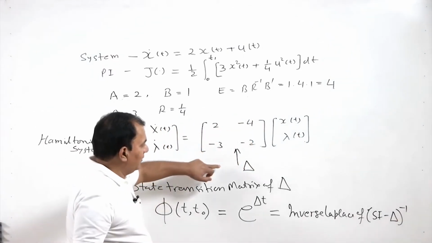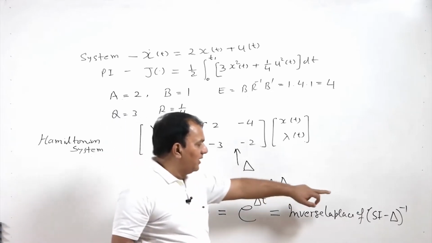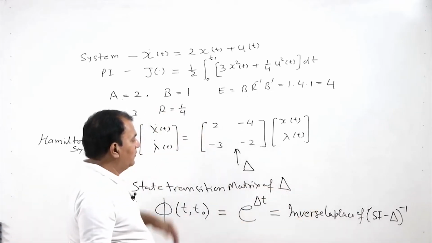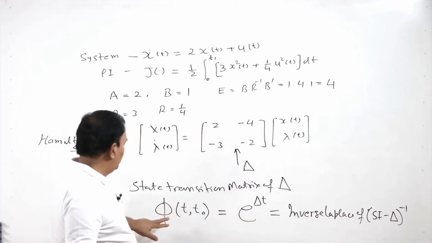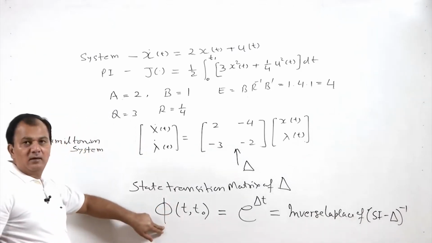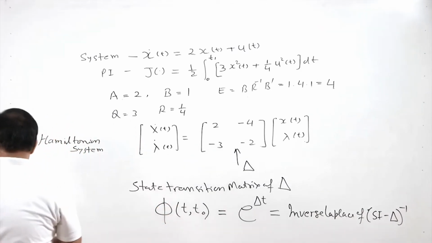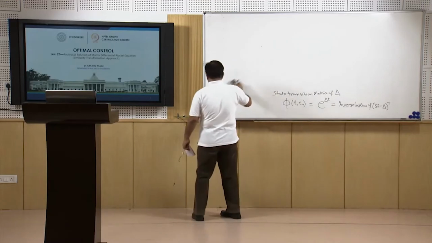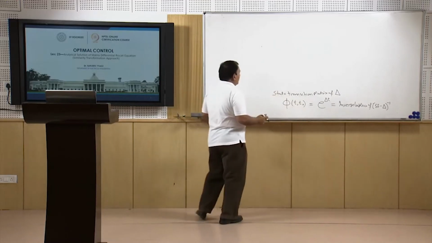Delta is given here. If I take the inverse of SI minus delta, this will give me the state transition matrix.